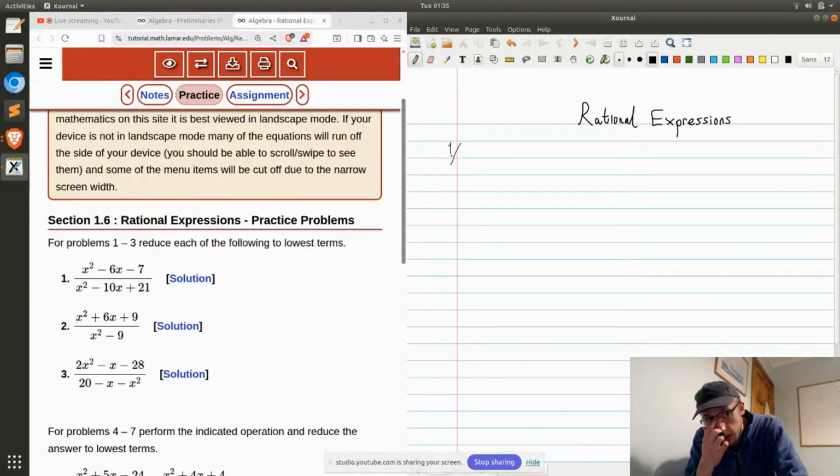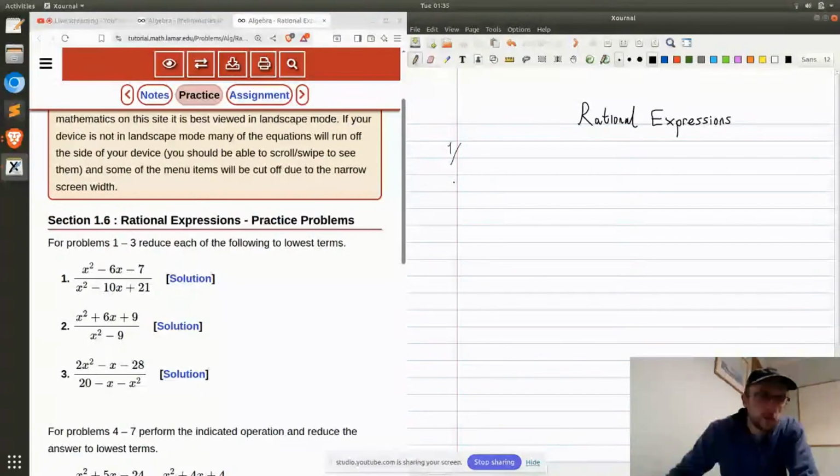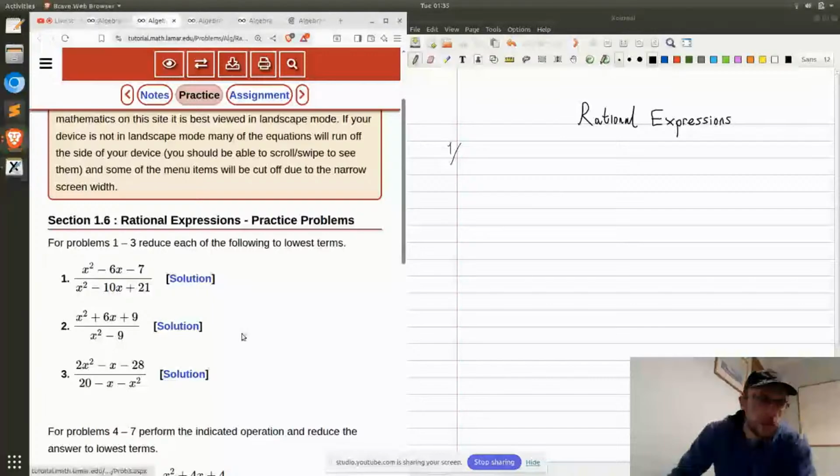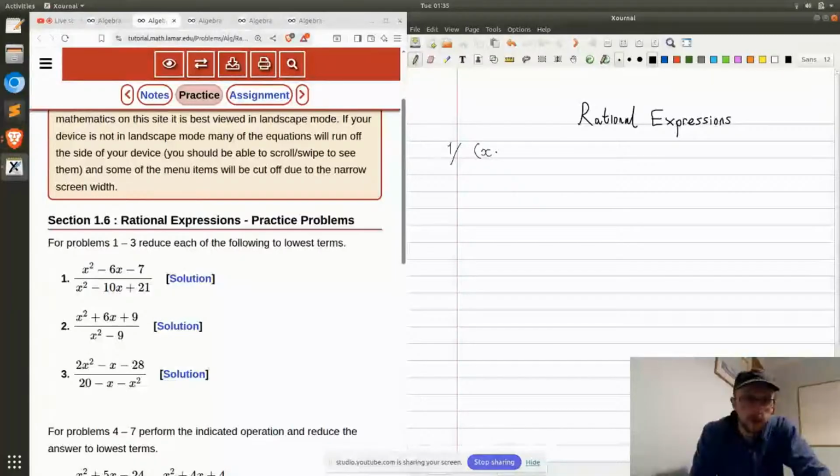Reduce each of the following to the lowest terms. So, I will factor the numerator and the denominator.